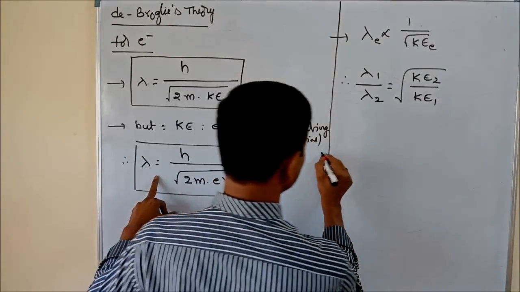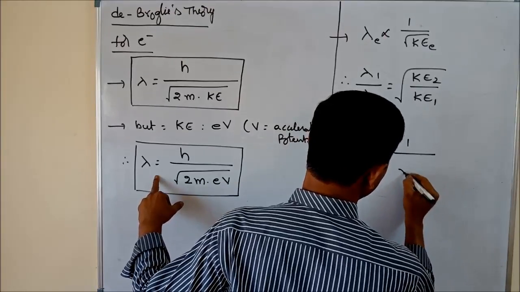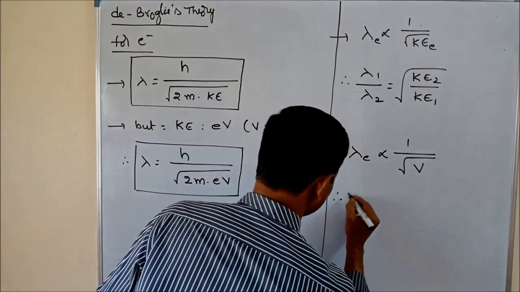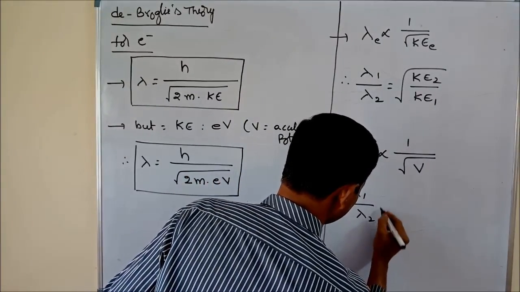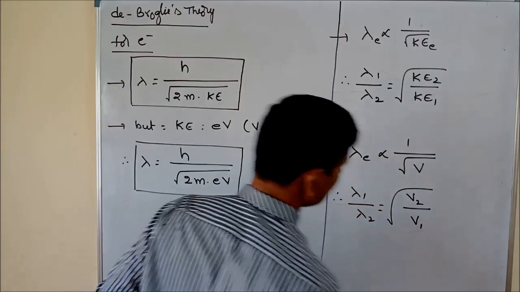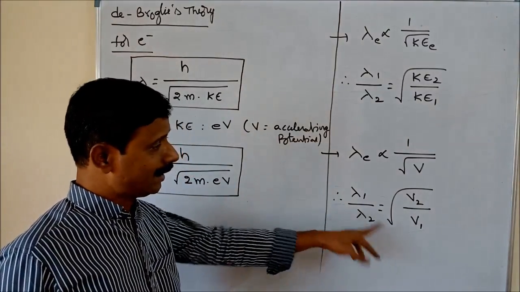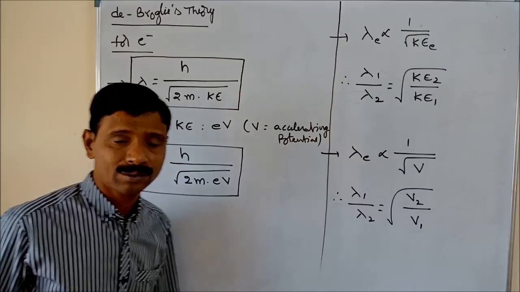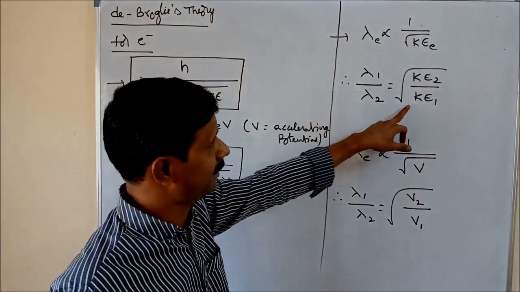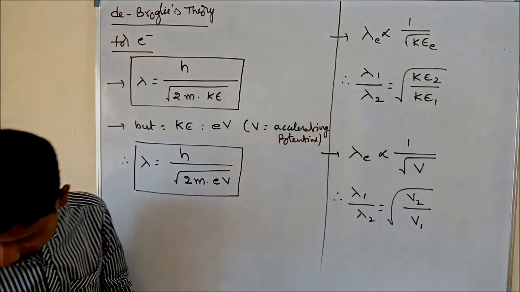And since wavelength is proportional to 1 by root V, the accelerating potential, lambda 1 by lambda 2 equals square root of V2 by V1. So if an electron is accelerated with different potentials, this is how to find the wavelength of the electron. And if the electron has different kinetic energies, this is the formula to follow to find their wavelengths.